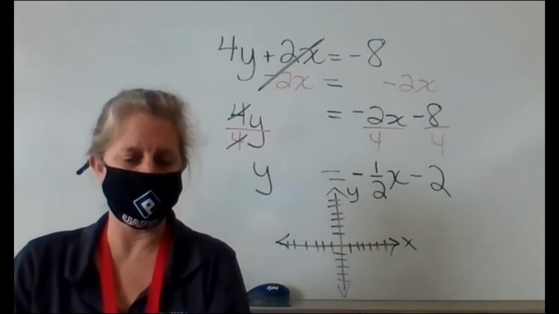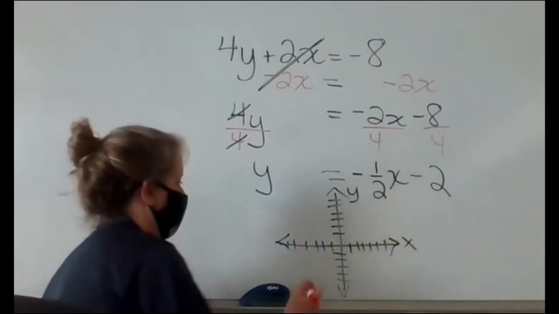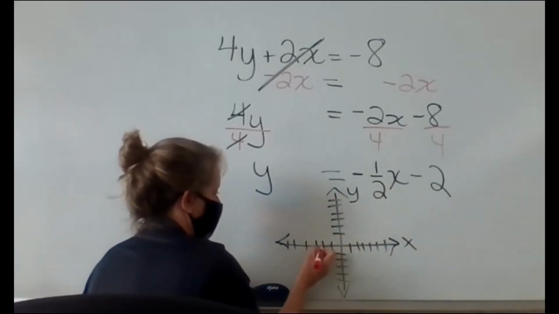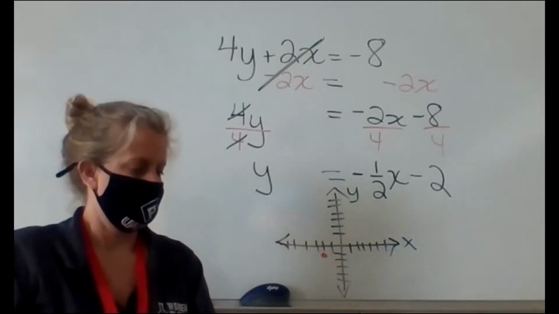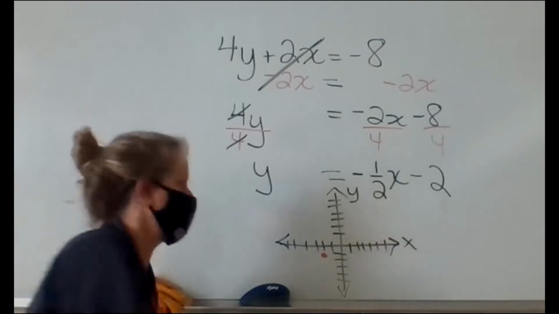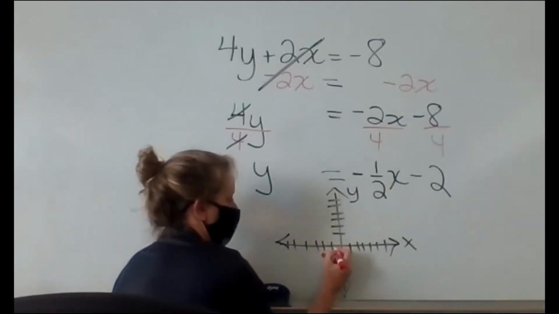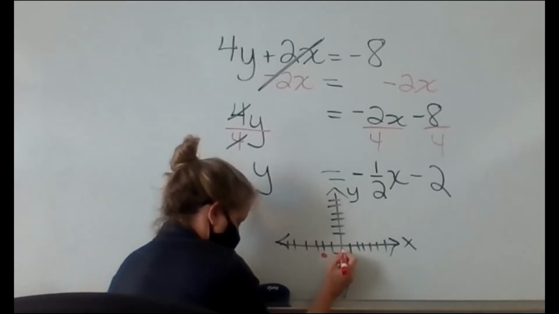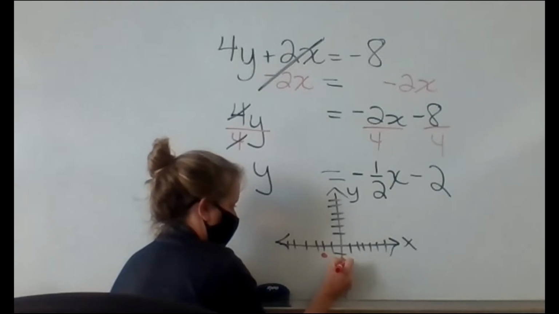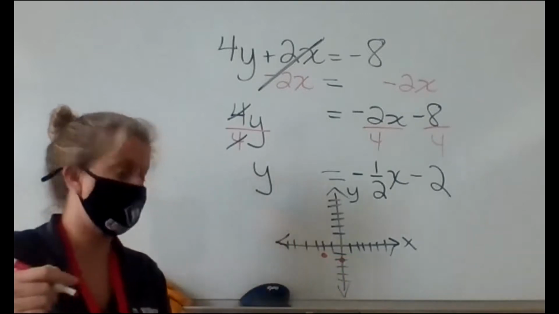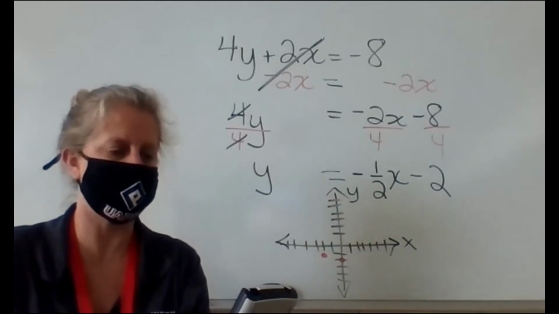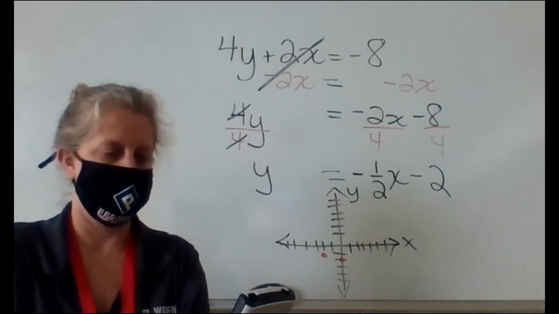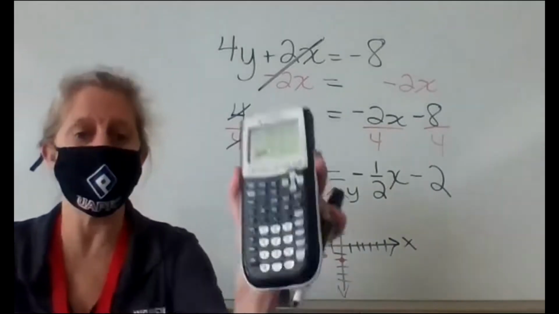So let's see. I'm going to plot some points. Negative 2, negative 1. So negative 2, negative 1 would be there. 0, negative 2. I'll pick that one. So my x is 0, so it won't go left or right at all. My y is negative 2, so I'll go down 2. So let's say you didn't choose one of those points. You chose a different one. Let's just say you chose 4, negative 4, right? It's in my list.